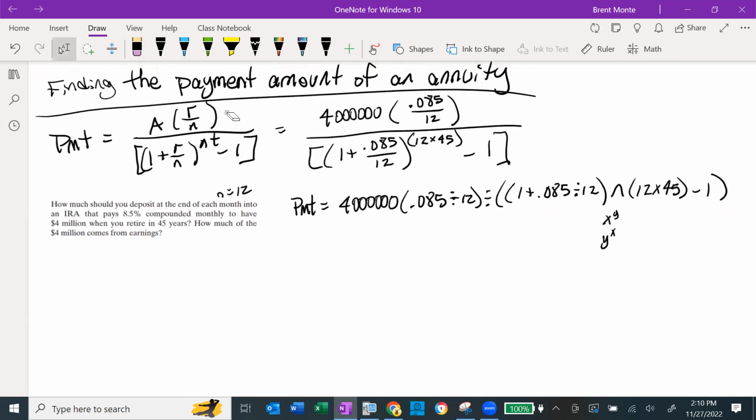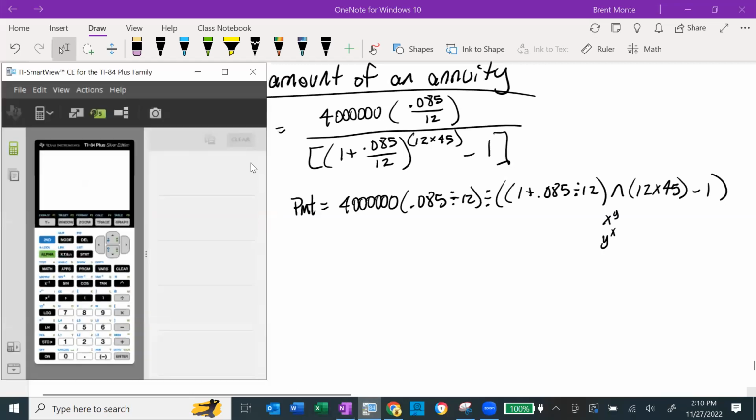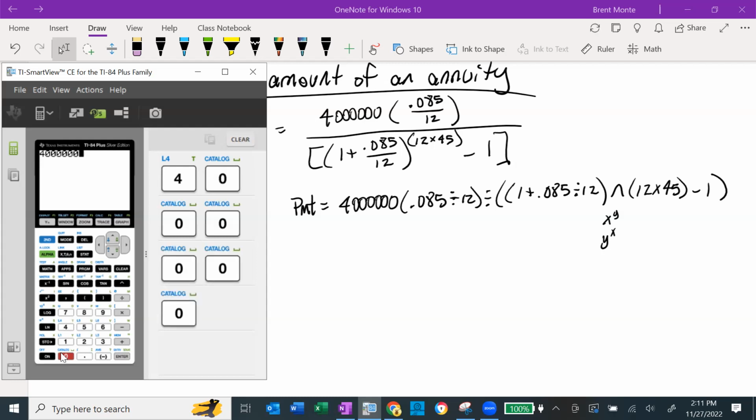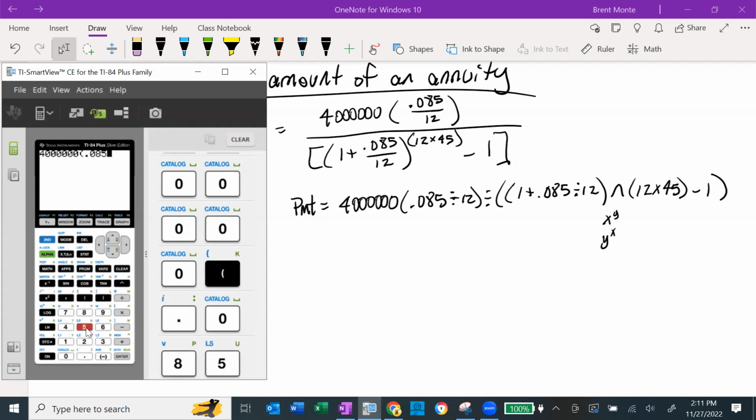Let's put it into the calculator and see. So you pull up the calculator. We got a TI-85 plus calculator emulator. Let's type everything in. $4 million, left parenthesis, 0.085 divided by 12, close parenthesis, there's my whole numerator, divided by now for the whole denominator.